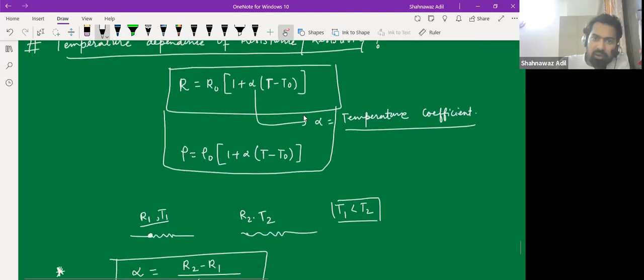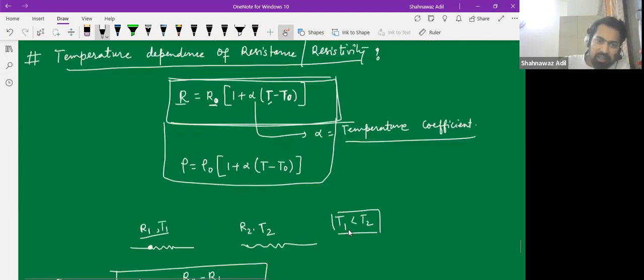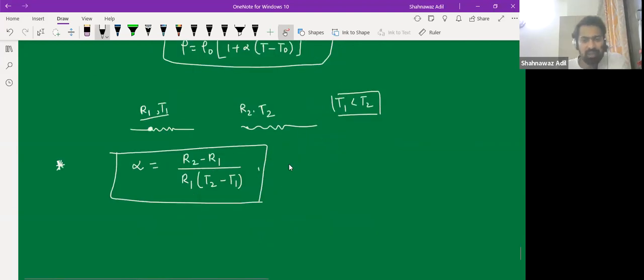So let's say that you are given an absolute temperature, right? So at this temperature, this is the resistance. At the initial value, this is the temperature, and at this temperature, this is the resistance, right? And then you want to calculate the resistance at some specific temperature. So then you will use this one.